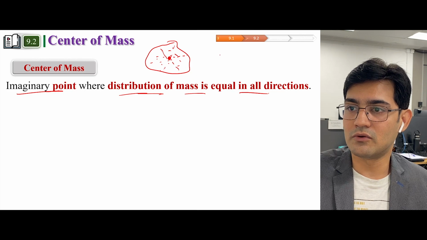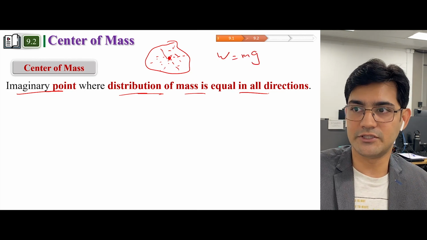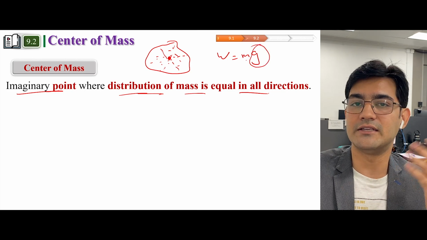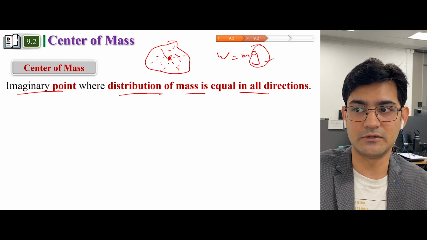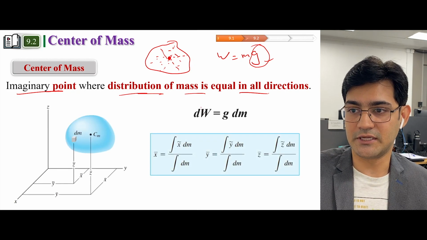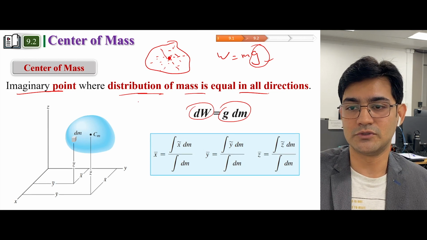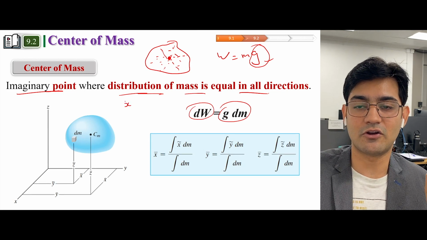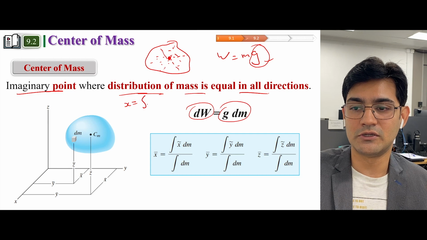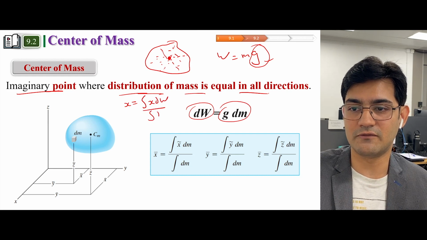Now we know that weight is equal to mass times g. So if we assume that the gravitational field is constant, so the value of g is constant, then instead of dw, we can put g dm. We know the center of gravity formula was x dw over summation of dw.